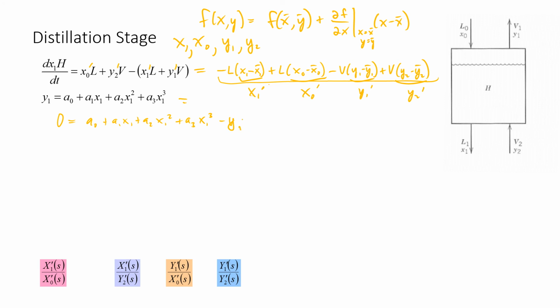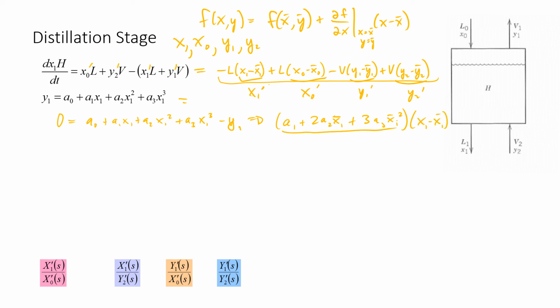I only have 2 variables in this one, but let me go ahead and linearize in this case as well. I'm going to take the derivative with respect to x1: a1 plus 2 a2 x1, I'll put the bar over that, and then plus 3 times a3 x1 squared, and then I'll multiply by x1 minus x1 bar.